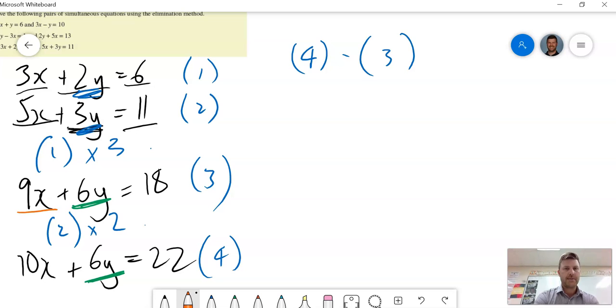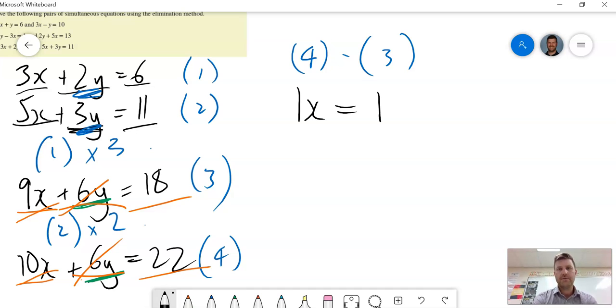So 10x take 9x is 1x. 6y take 6y, it's eliminated. I'm left with equals 22 take 18, which is 4. So 1x equals 4, x equals 4. It's not always that easy, it just happened to work out that way. So I now have my x value for my answer on my set of coordinates, which is 4.